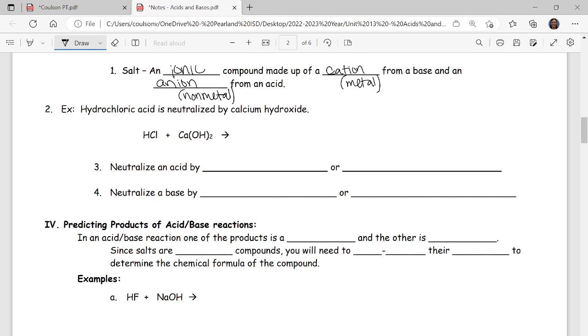So our example here is if I have the reaction between hydrochloric acid and calcium hydroxide, it is going to neutralize both my acid and my base. So hydrochloric acid reacting with calcium hydroxide is still a double replacement reaction like it was before, where my outside things get together and my inside things get together. Hydrogen would bond to who?